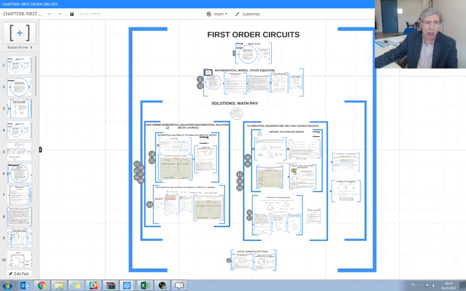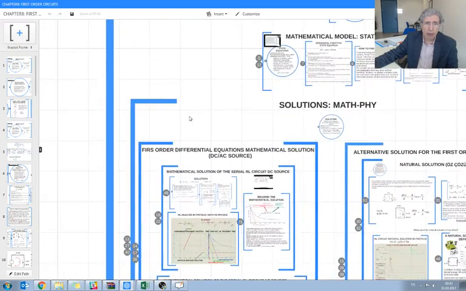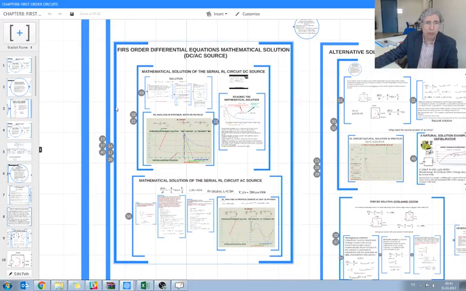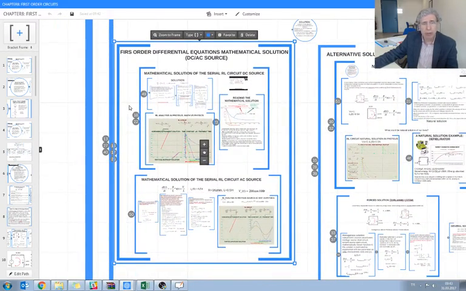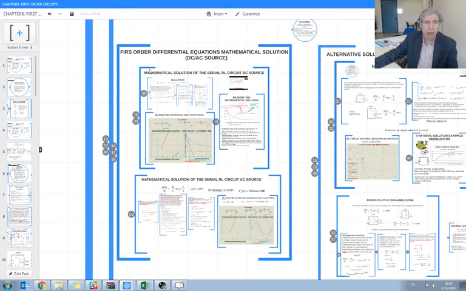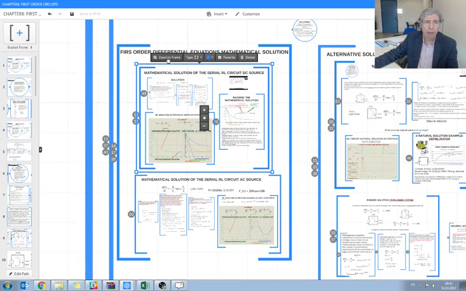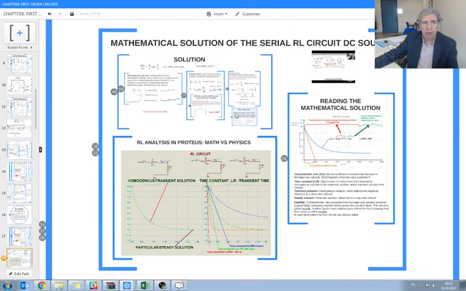Then we started to solve this state equation by finding the homogeneous solution and then the particular solution, and adding them up to get the general solution.